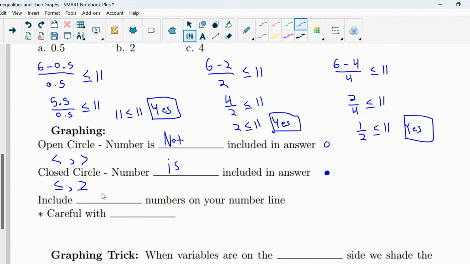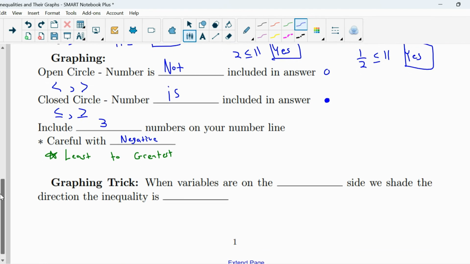Include at least 3 numbers on your number line. Careful with negative numbers. Make sure you also write these numbers from least to greatest, as that is how a number line is structured.